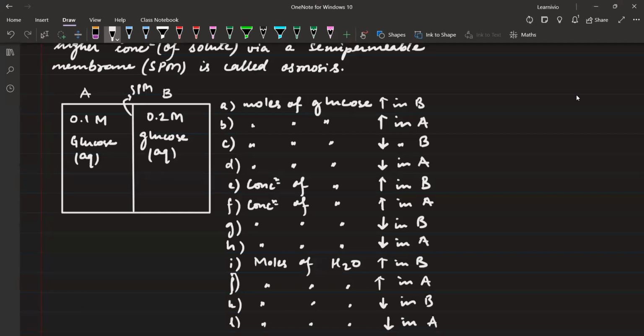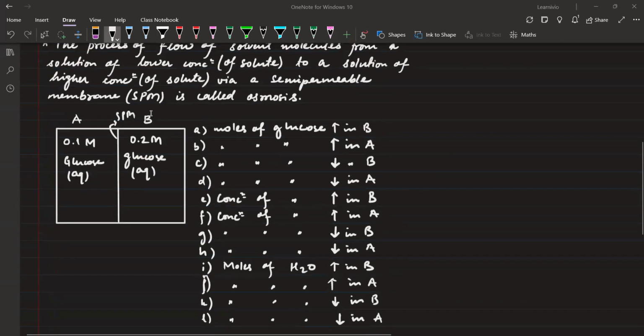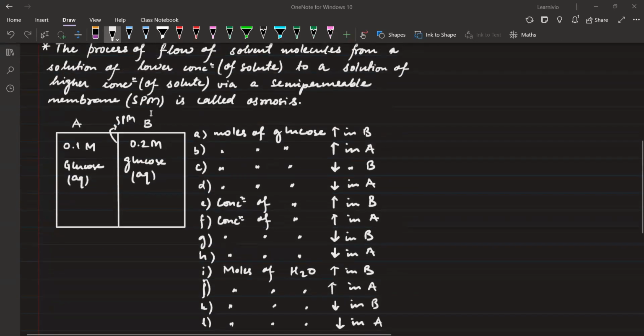You have to identify whether A is correct or incorrect, B is correct or incorrect, C is correct or incorrect. Does this make sense? Mariam, Amarnath, and Sufyan, please tell me. Did you understand the question?